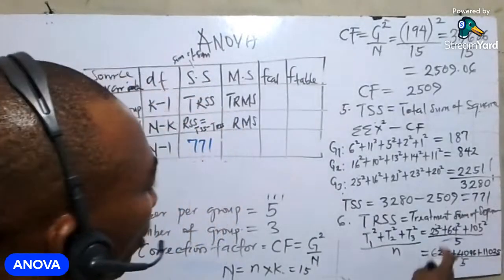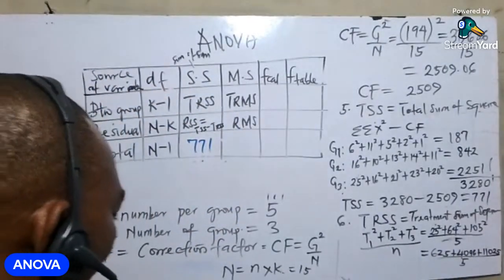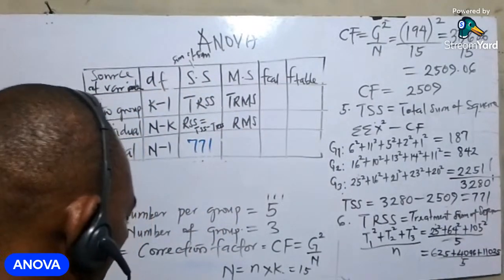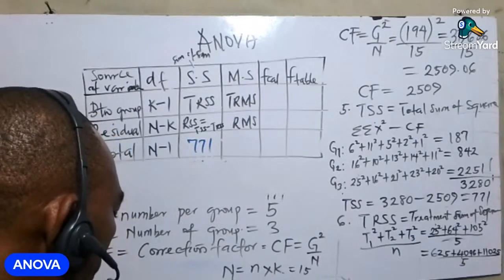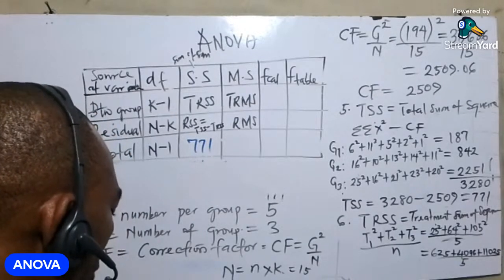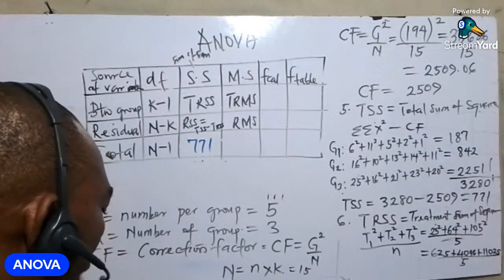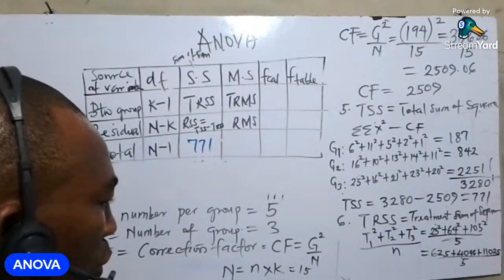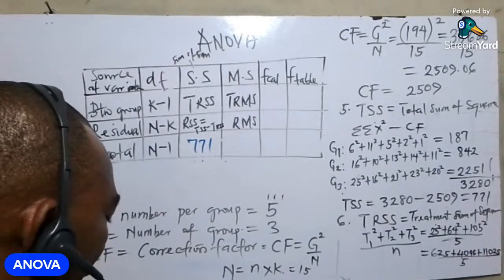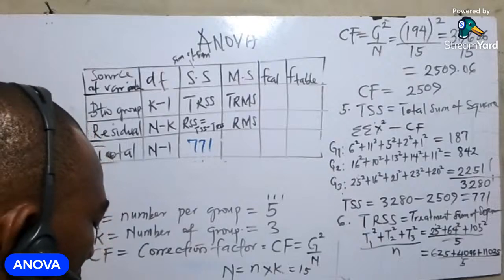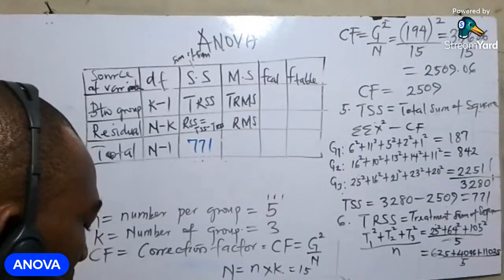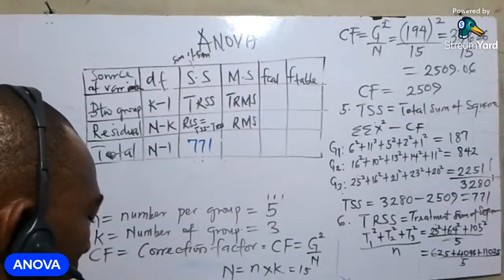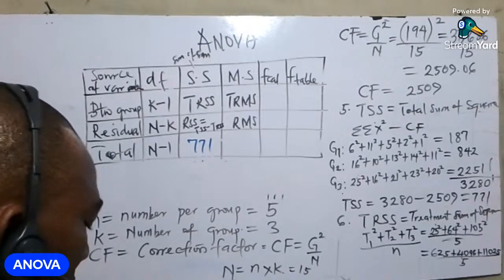So when you total everything here, that will be 15,746. I want you to confirm that: 625 plus 4,096 plus 11,025.